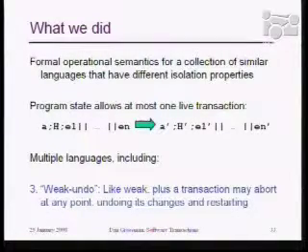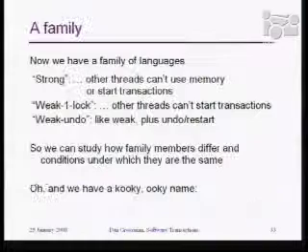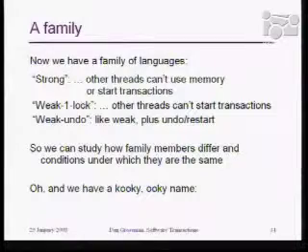And then I have a third language, which I'll call weak undo, that starts with weak one lock, but it adds one other little thing that says a transaction can run part of the way, flip a coin, have it come up tails, and say, I'm going to abort, undo my changes, and restart later. Okay? So this gives us a family of languages. We have three different languages, all using the same syntax, but subtly different semantics.